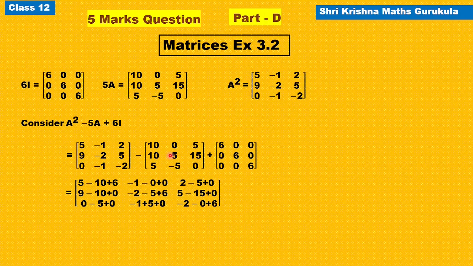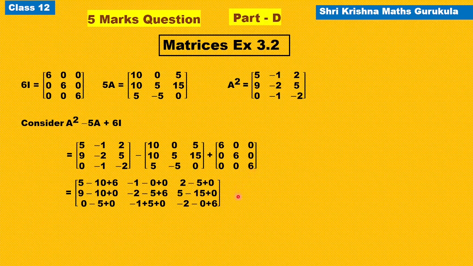Minus 2 minus 5 plus 6. Then it is 5 minus 15 plus 0. Then 0 minus 5 plus 0. Then it is minus 1 minus of minus 5. So plus 5. Minus 1 plus 5 plus 0. Then it is minus 2 minus 0 plus 6.